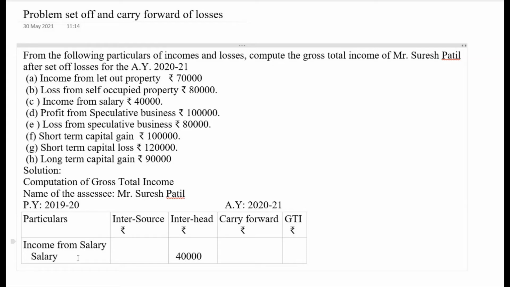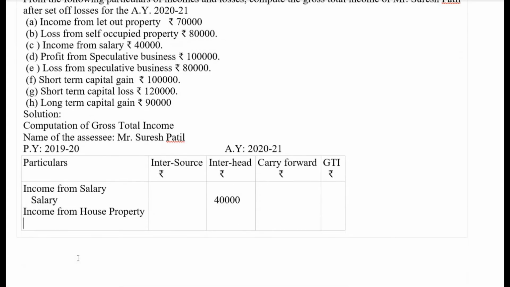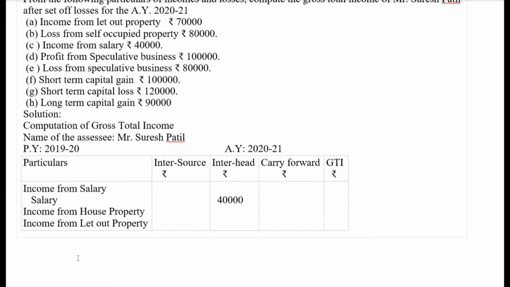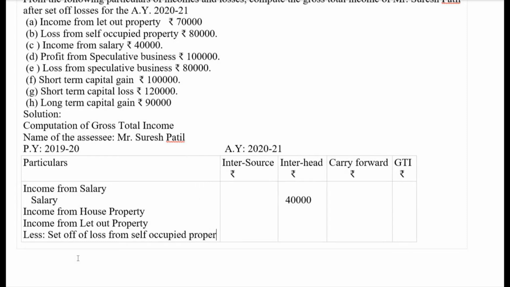Then the next one, income from house property. Here in case of income from house property, we have income from let out property less set off of loss from self-occupied property.